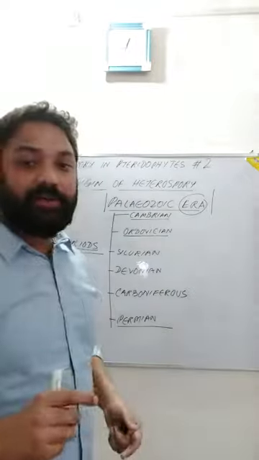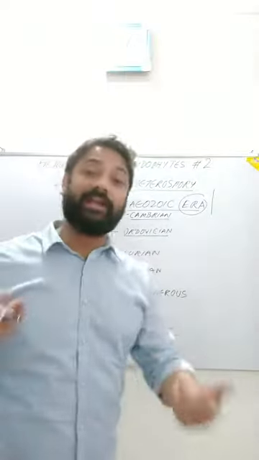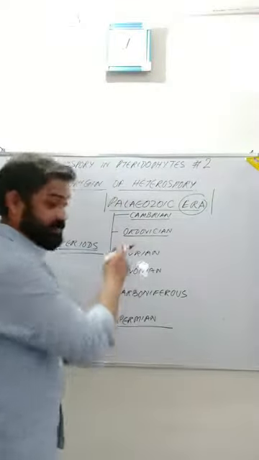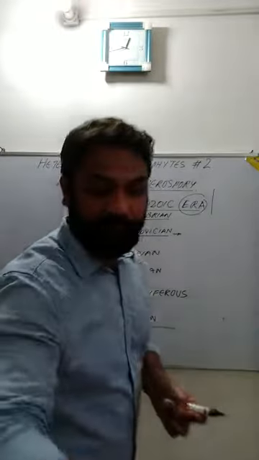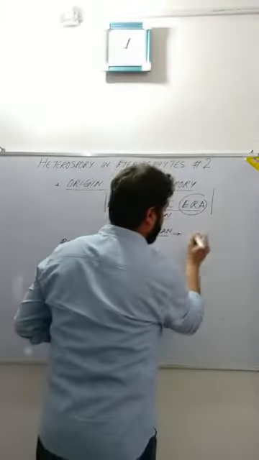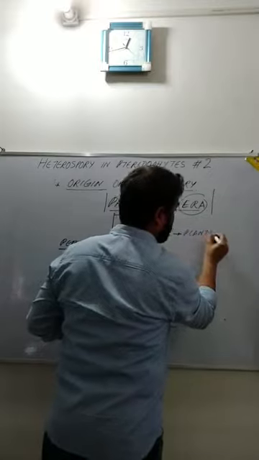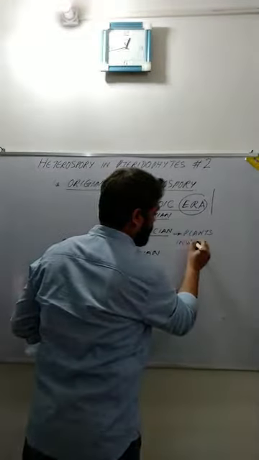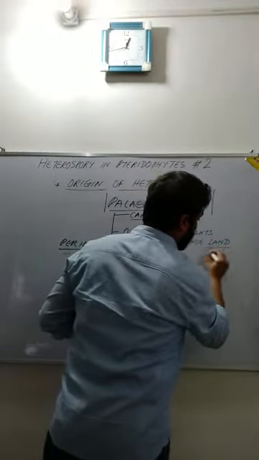Now if we talk about the origin of plants, where the plants appeared, we will come to heterospory shortly, because this is also part of it. If we talk about the Ordovician, this is the time when plants started to invade land.